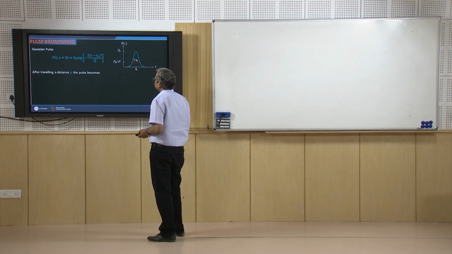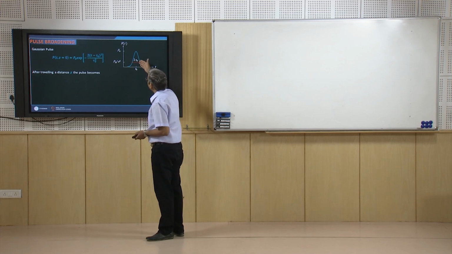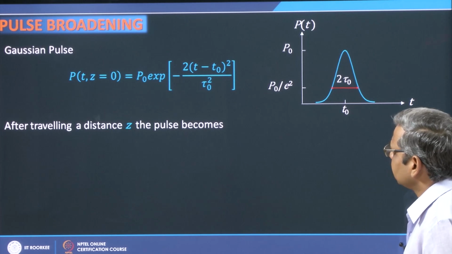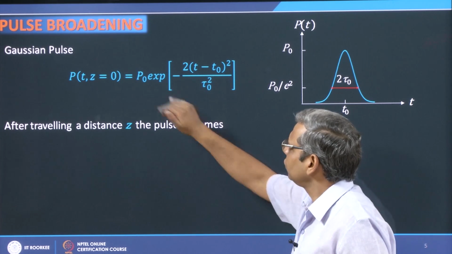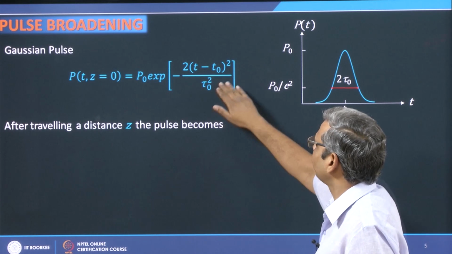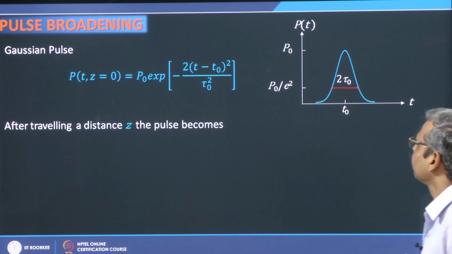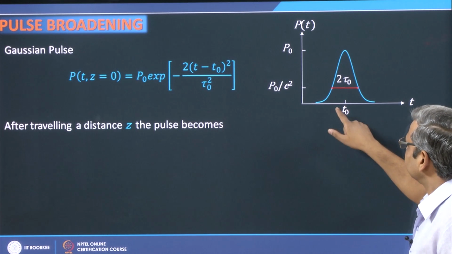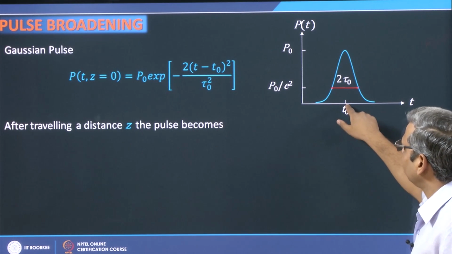What is the Gaussian? Gaussian is this particular type of variation which is expressed as P0 e to the power minus 2 (t minus t0) square over tau naught square, where this pulse is centered around t equal to t0.